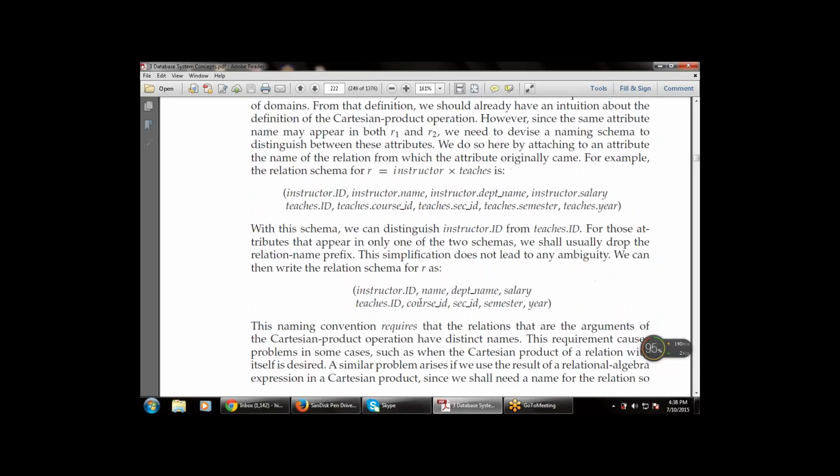With this schema, we can differentiate instructor.ID from teaches.ID. So there is a difference between instructor.ID and teaches.ID.